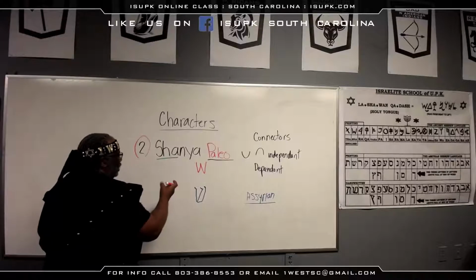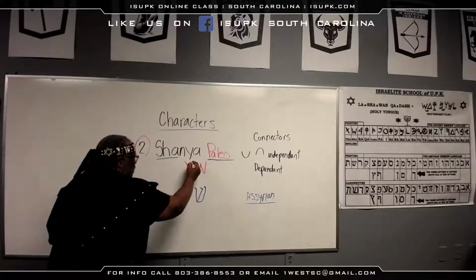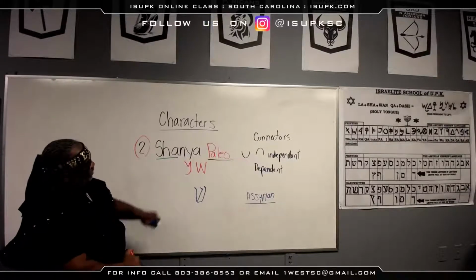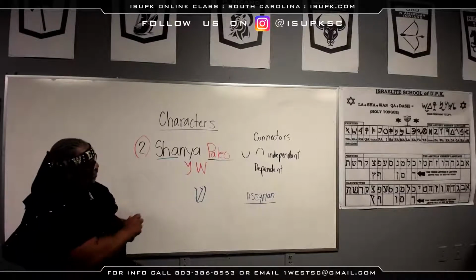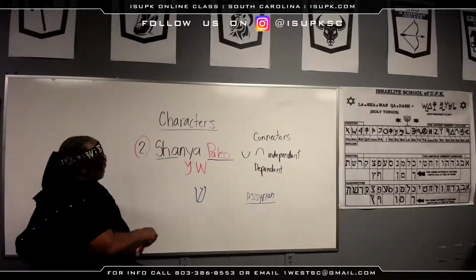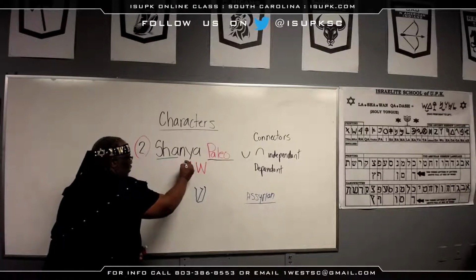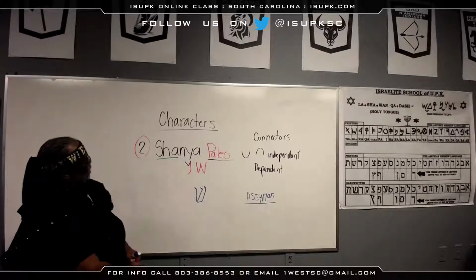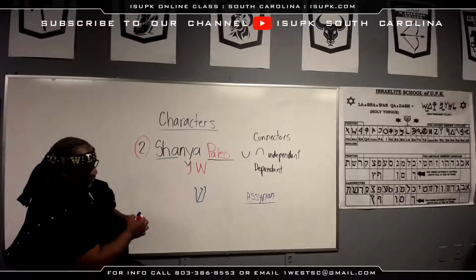In Hebrew and Paleo, the N looks like this. If you notice, you're going to see the N right there. Why am I taking the time to do this? Because it helps your memory. Shan.